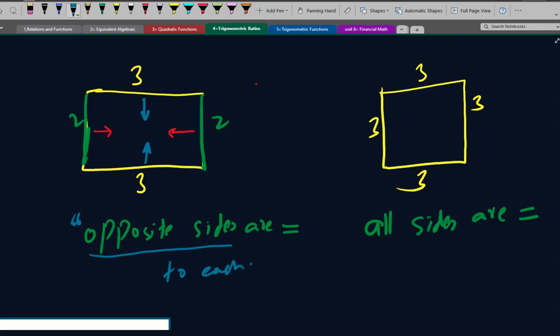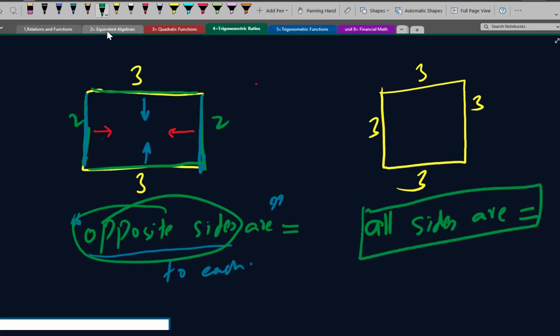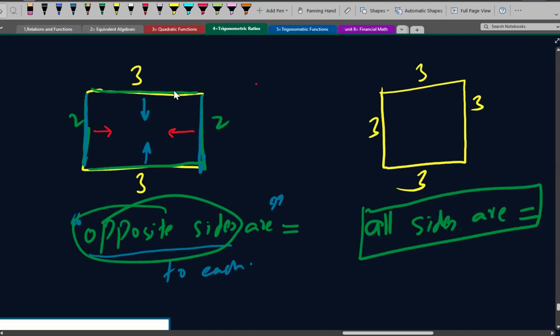Let me repeat it. In rectangles, opposite sides, whether it is left and right or the upper side and the lower side, are equal to each other. In a square, all sides are equal to each other.